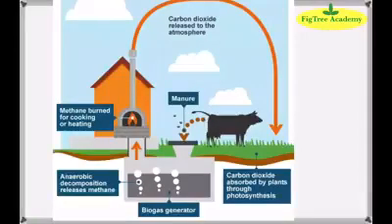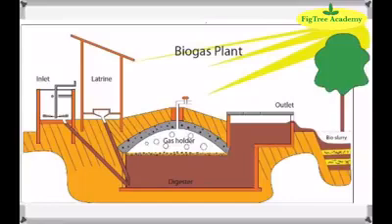It can also be seen in another biogas type, which uses human waste. You can see here that there is a latrine and this human waste, and the inlet to add water to the biogas digester so that the chemical reactions take place here.